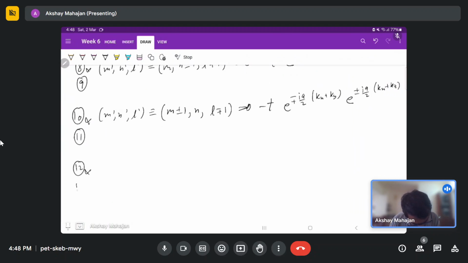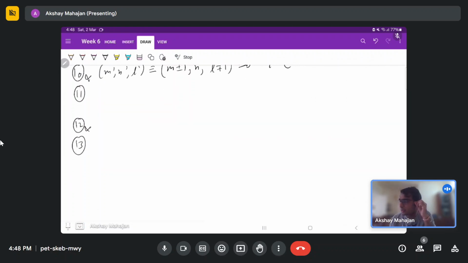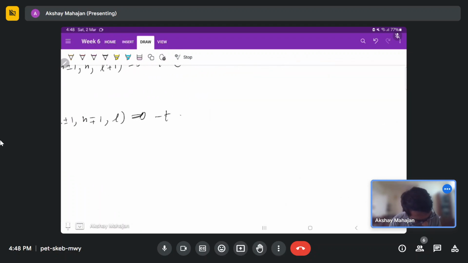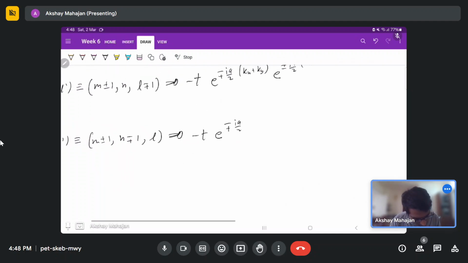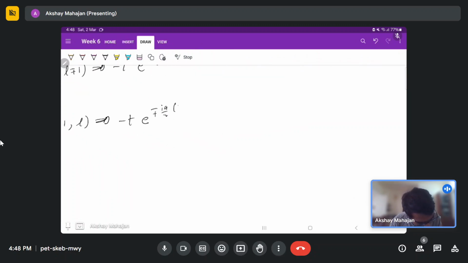And then we will have the last two terms from the neighbor, terms 12 and 13, where we have m prime, n prime and l prime given by m plus minus 1 comma n minus plus 1 comma l. So this gives you minus t times e to the power minus plus iota a by 2 kx plus ky, and then we have e to the power plus minus iota a by 2 ky plus kz.